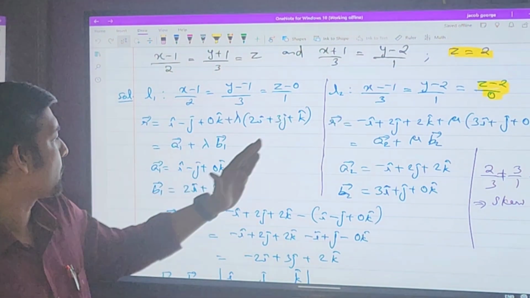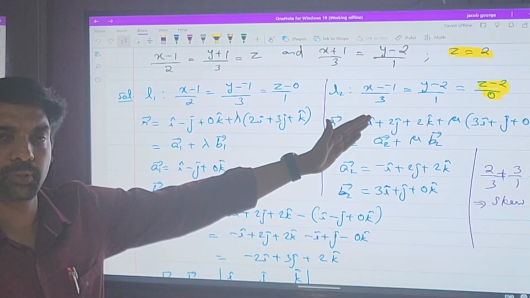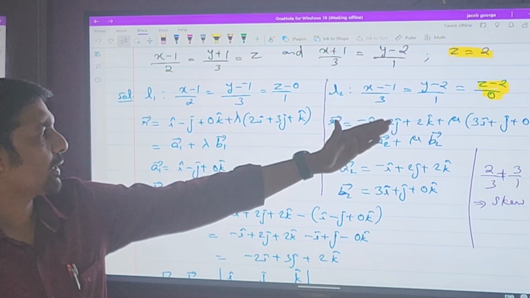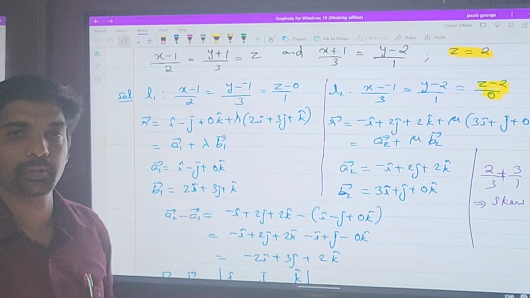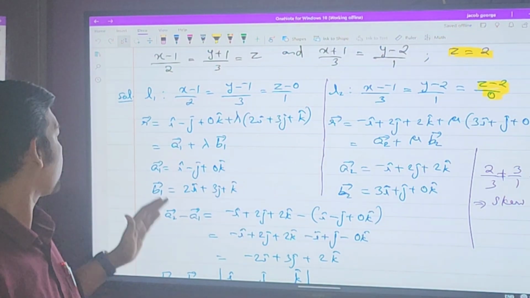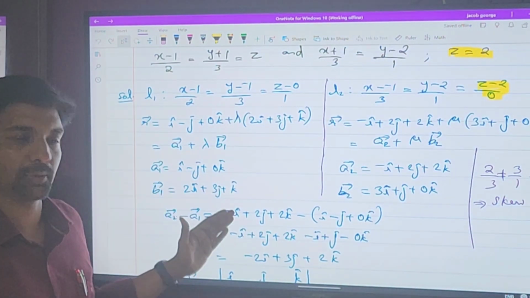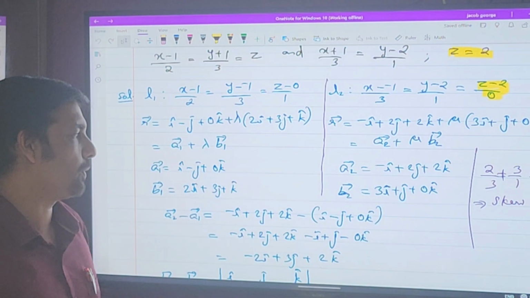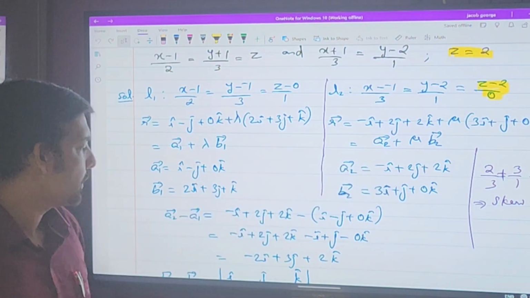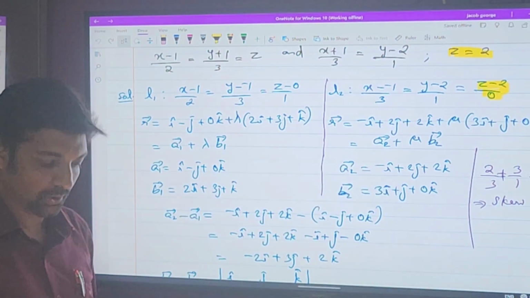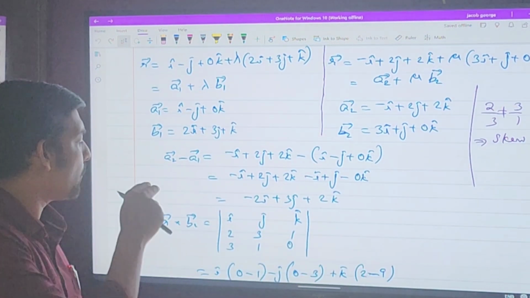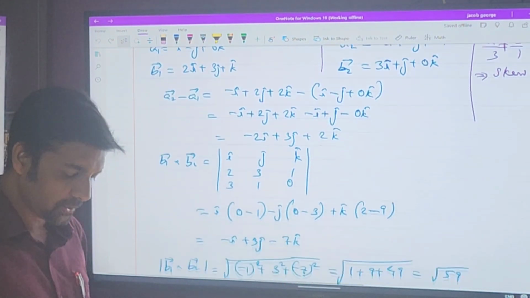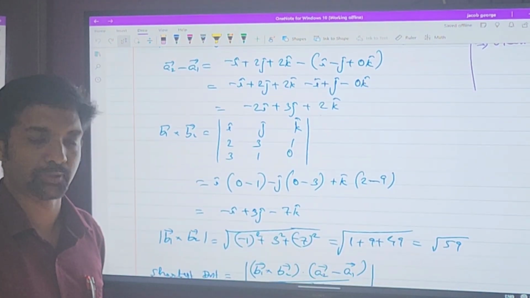And the second one also the same way: minus 1 i cap plus 2 j cap plus 2 k cap plus mu into 3 i cap plus j cap plus 0 k cap. So we got vector a1, vector b1, vector a2, vector b2. Check for skew lines, then find vector a2 minus a1, b1 cross b2 and modulus of b1 cross b2, then substitute in the shortest distance formula.